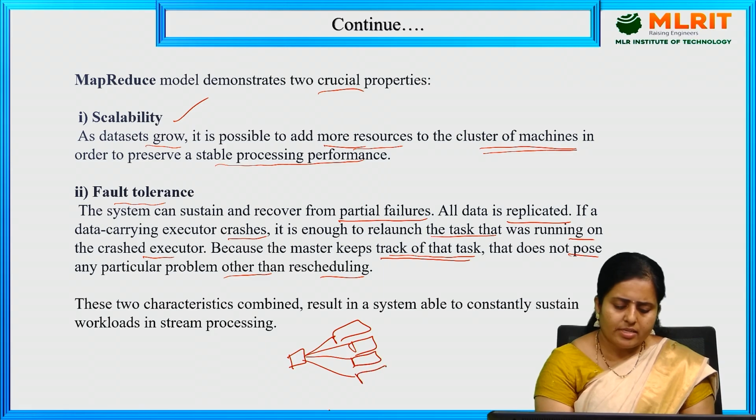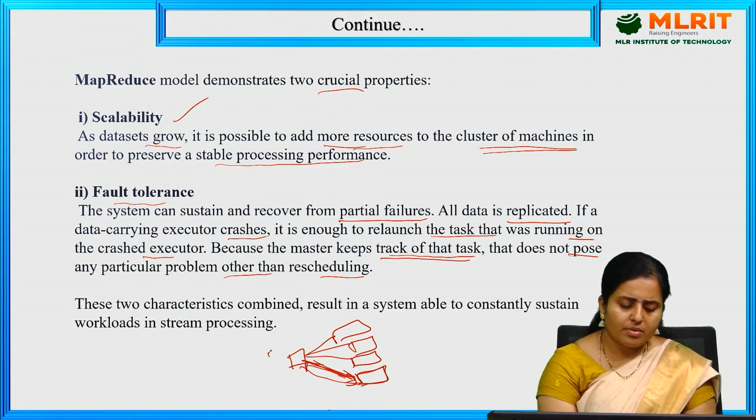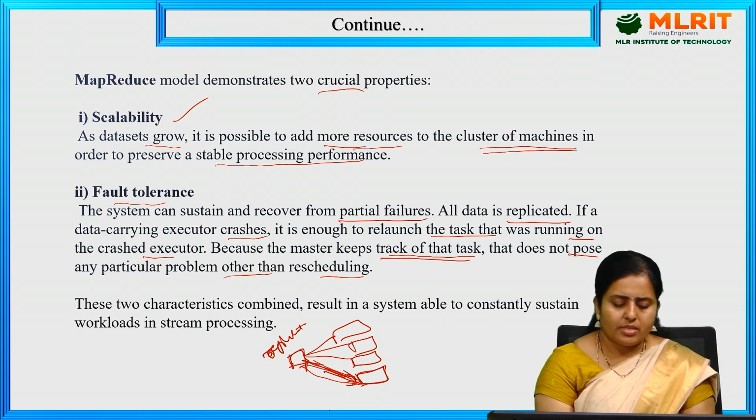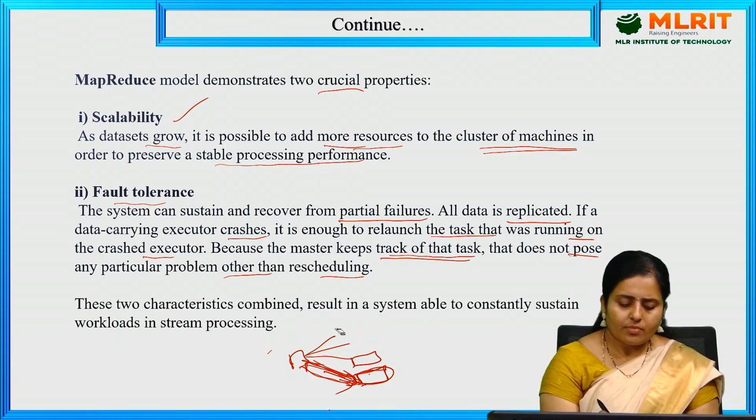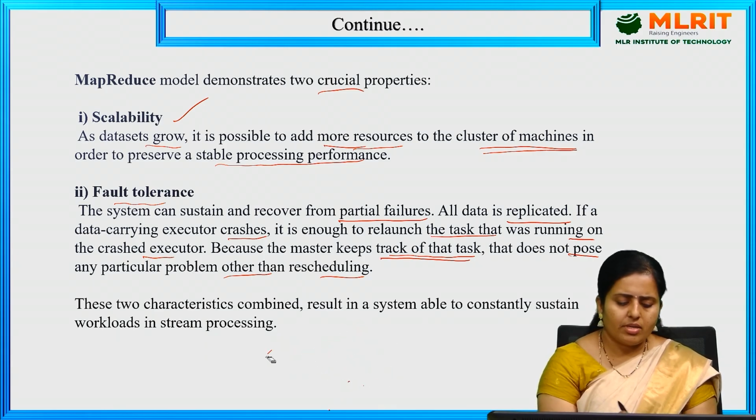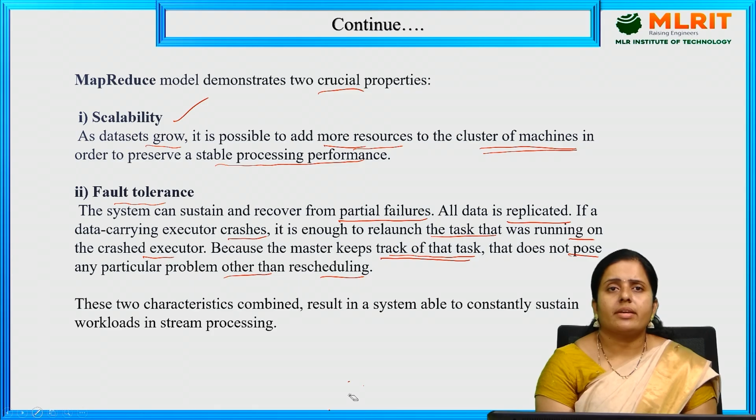If any executor machine crashes, the master has the same data that the crashed executor had. So the master machine will automatically replicate the data that was on the crashed executor machine, and when the executor fails, the data already replicated on the master machine will automatically start the process another time. That is nothing but fault tolerance. We automatically restart our process in a fault tolerant manner.